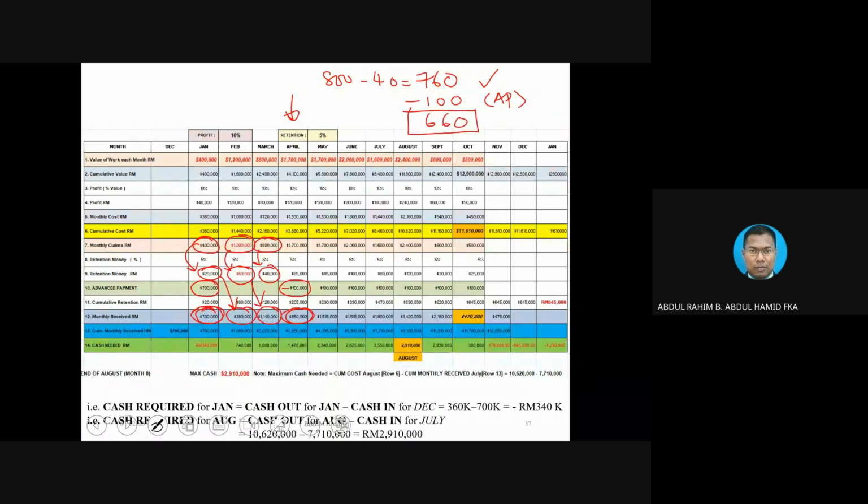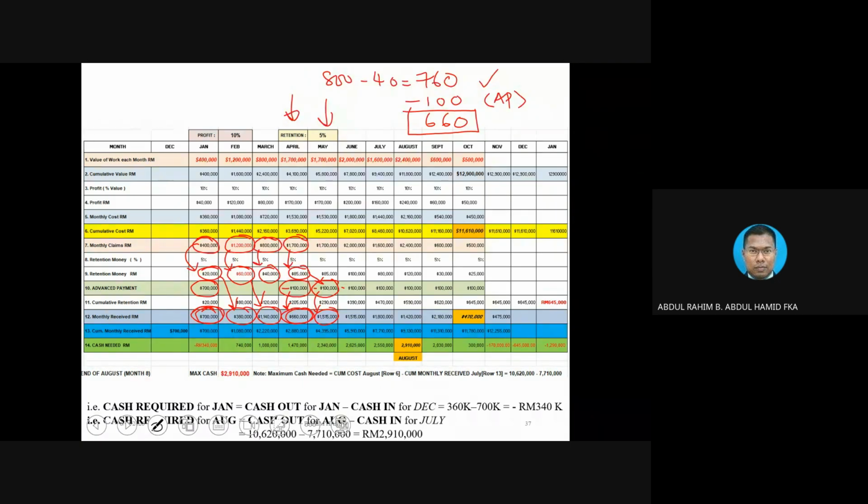Okay. And then May is the same as April. Take a look at this. May, we are going to take this amount, 1.7 million, deduct with 1185, and then deduct with this amount, 100,000, and then we are going to get this amount here, 1515.